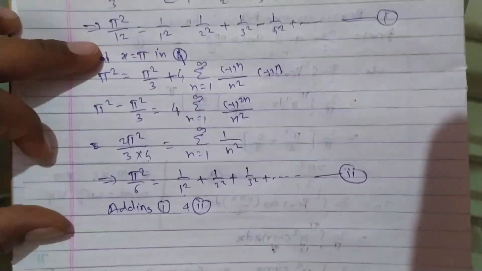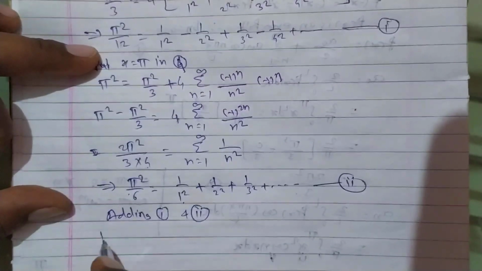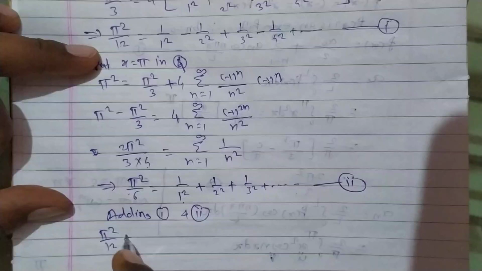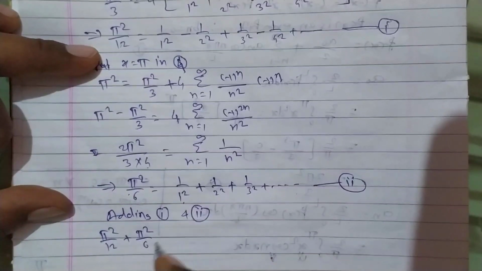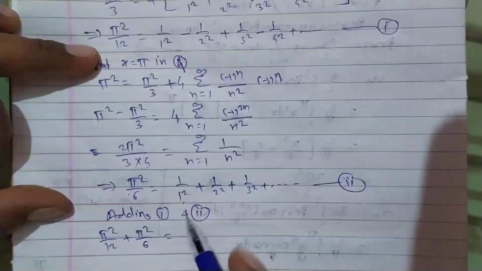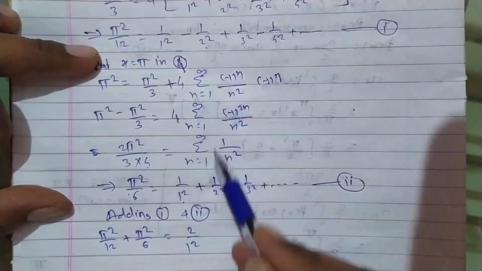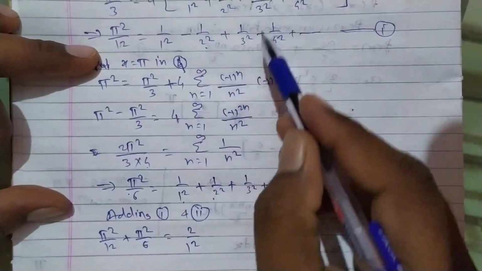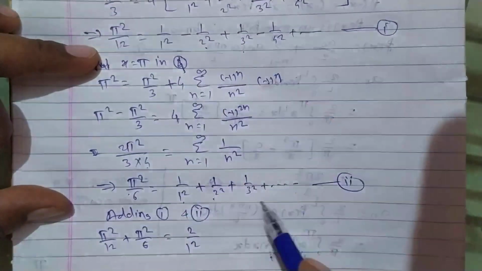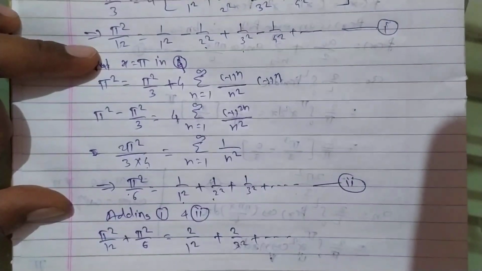Pi square by 12 plus pi square by 6 is equal to: 1 by 1 square plus 1 by 1 square is 2 by 1 square, the minus 1 by 2 square plus 1 by 2 square get cancelled, 1 by 3 square plus 1 by 3 square is 2 by 3 square, and so on.